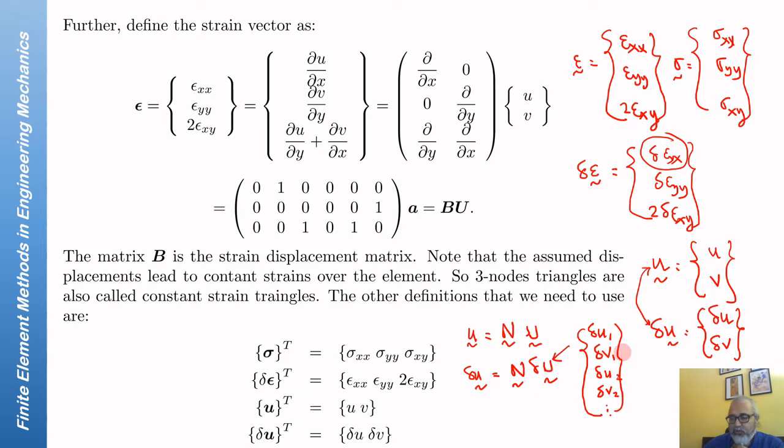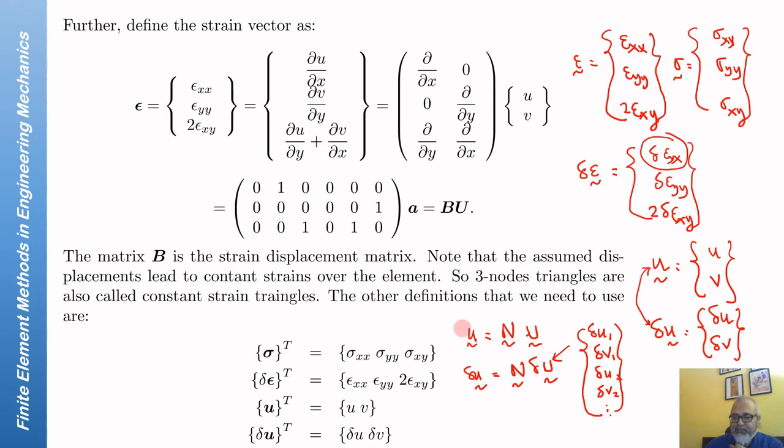Remember, the del small u is also a function of x and y, and therefore the value of del small u at any point inside the element will be interpolated in the same way as the values of small u are.